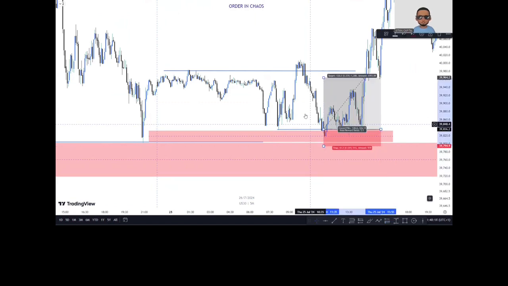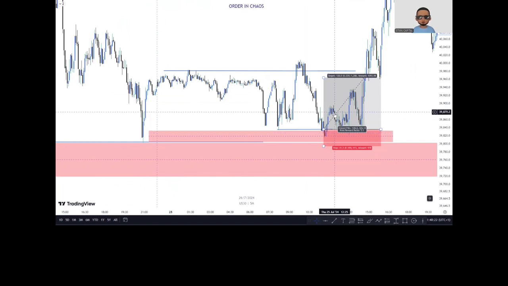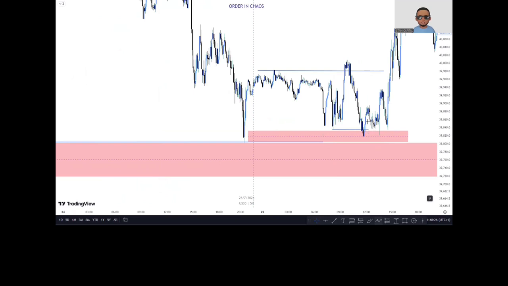Now, I can see that it worked out right here, but please do not do this, because the market could definitely take out early buyers from Wednesday, tap into the other demand proper, take out your stop losses and move. This can definitely happen. So please be careful when you're doing this, right?